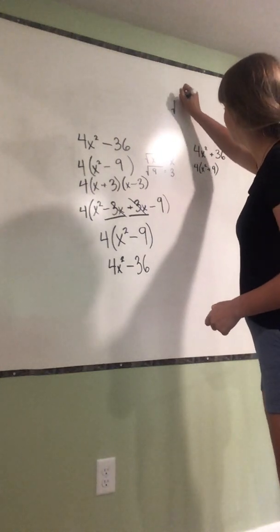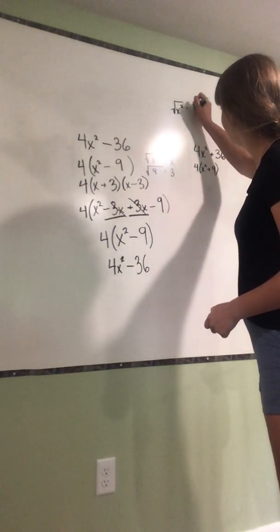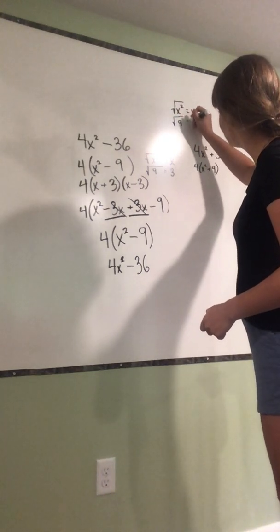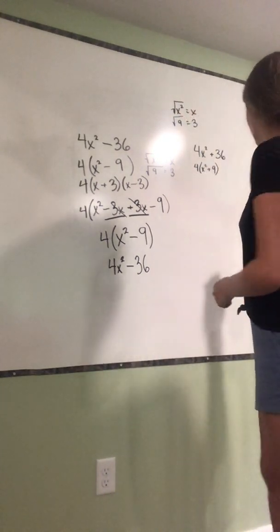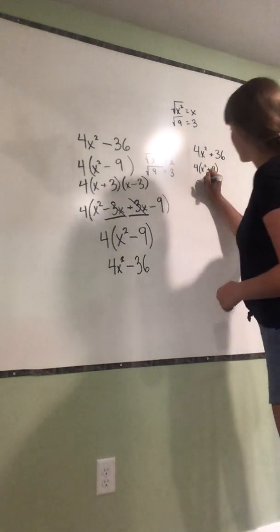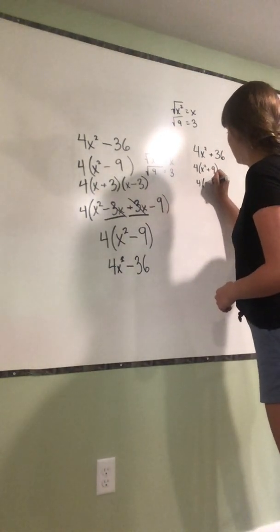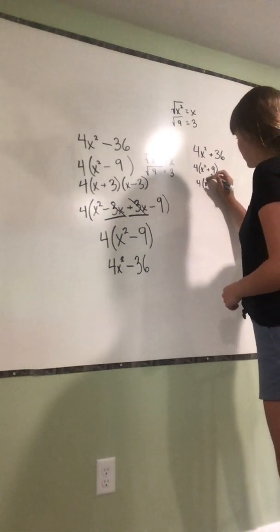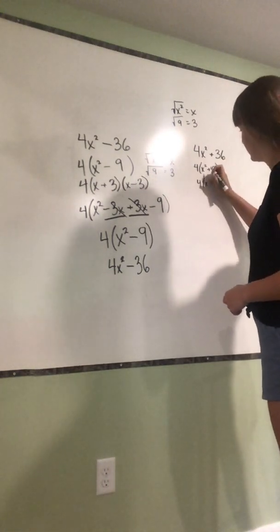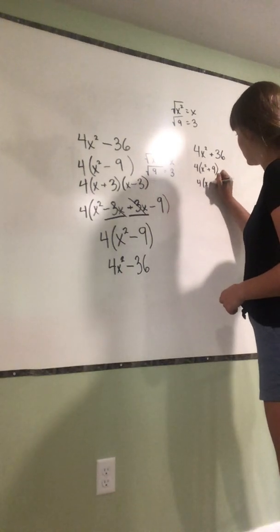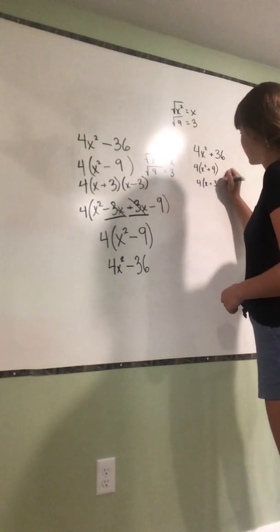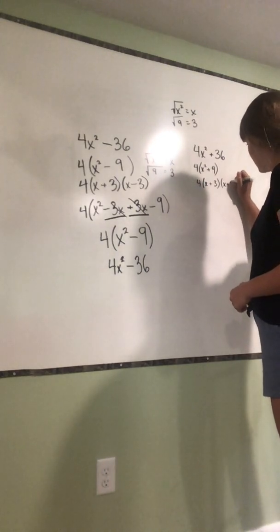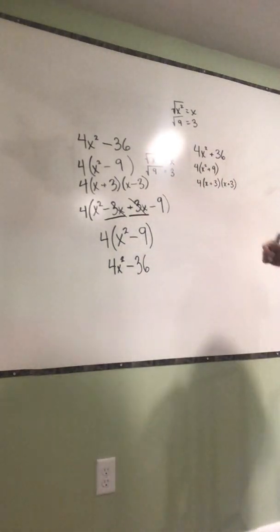So the square root of x squared is still x. Square root of 9 is, what do you know, still 3. So 4 times x plus 3 times x plus 3. That looks pretty similar, right?